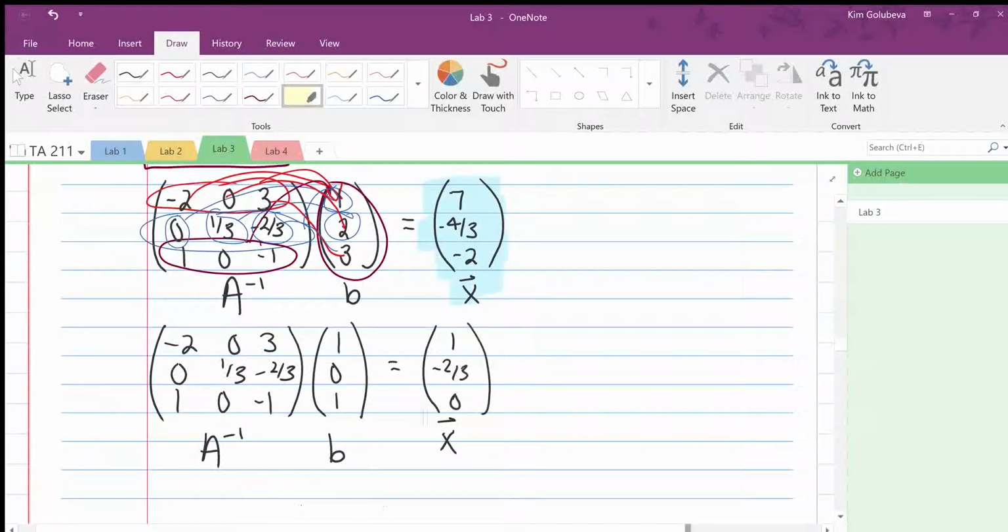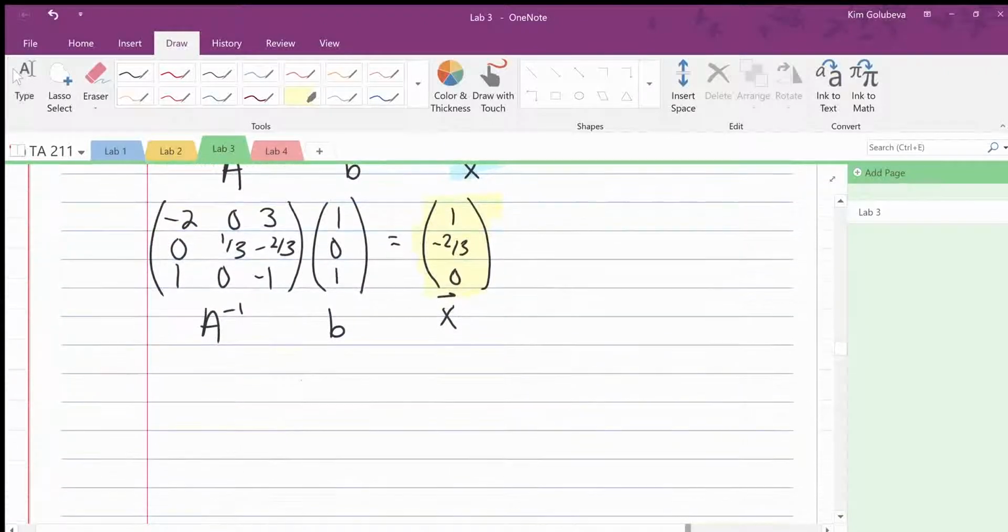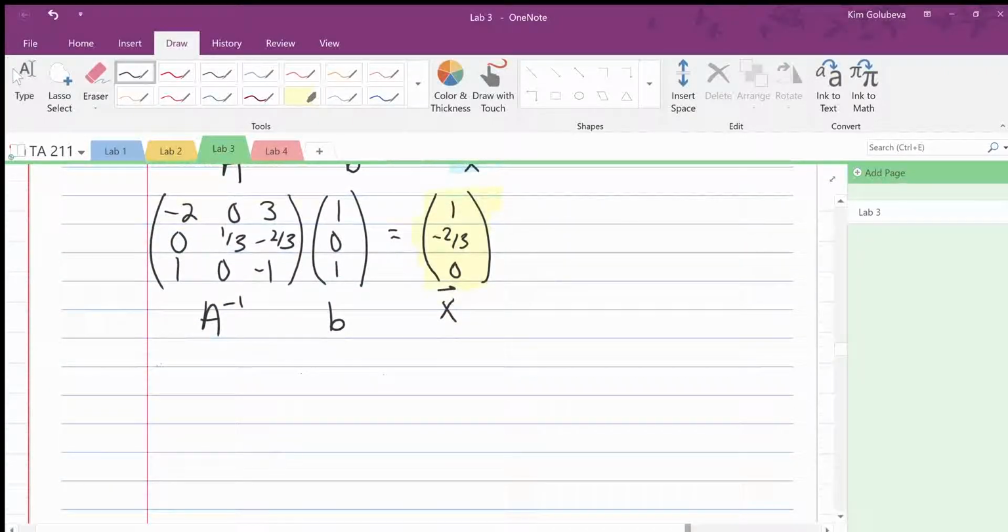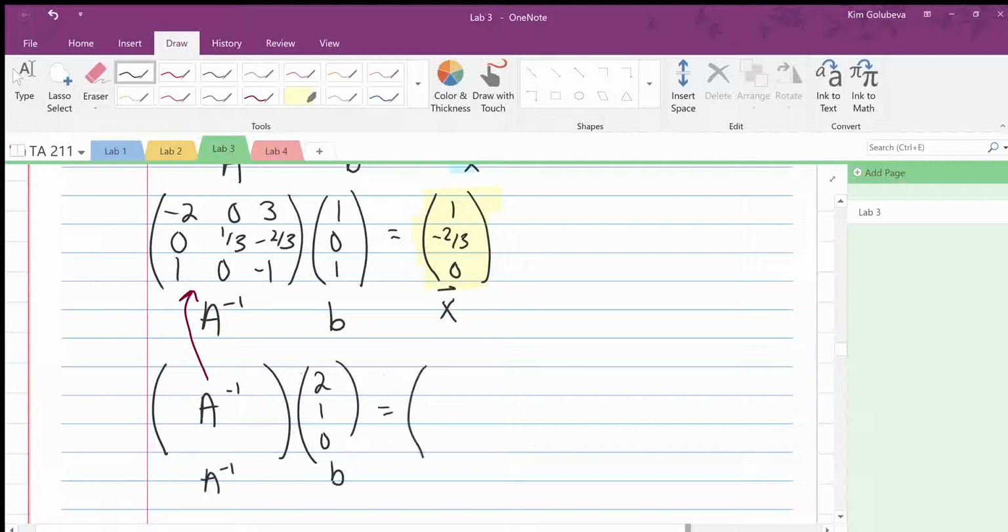So right here is our answer, our solution. And same thing, I'm just going to write A inverse here, but it's the exact same one as this one right here. The same values, I just don't want to write it again. So next one is 2, 1, 0. This is our B, and it equals 4, 1 over 3, and 2. So this is our x for this. This is our solution to our system here.